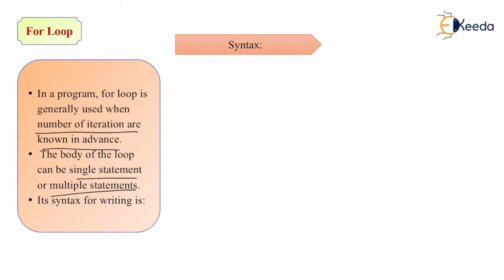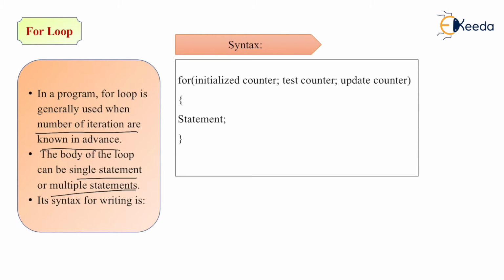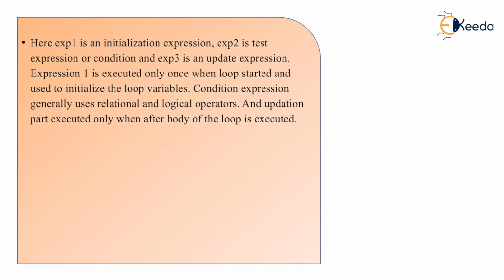The syntax for the for loop is: for, initializing counter, semicolon, test counter, semicolon, update counter. Inside the bracket, the block of statements. Here, expression 1 is an initialization expression. Expression 2 is a test expression or a condition.